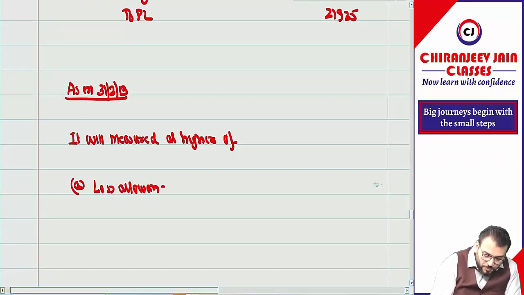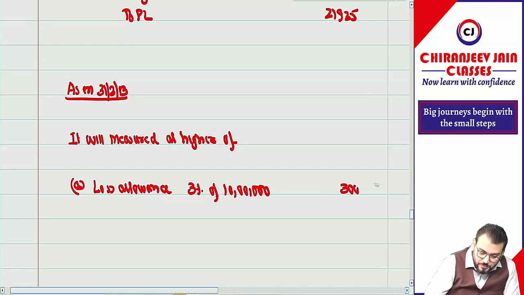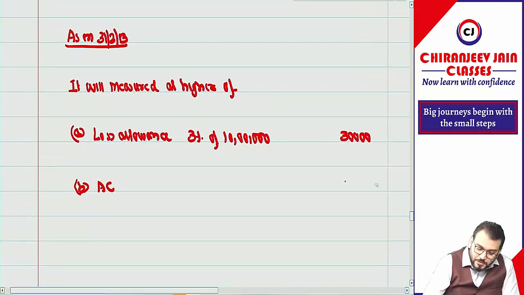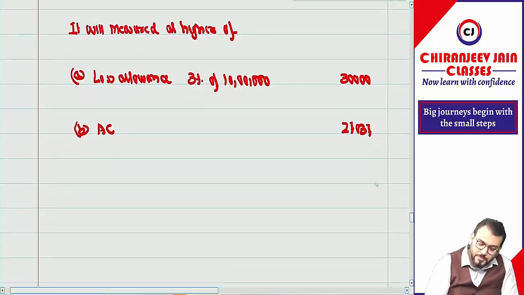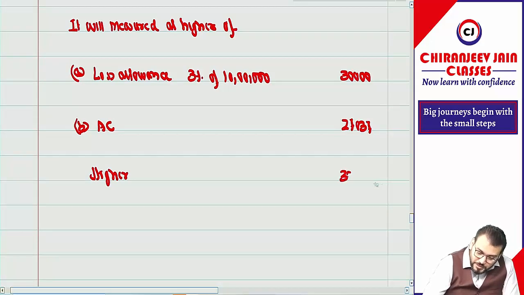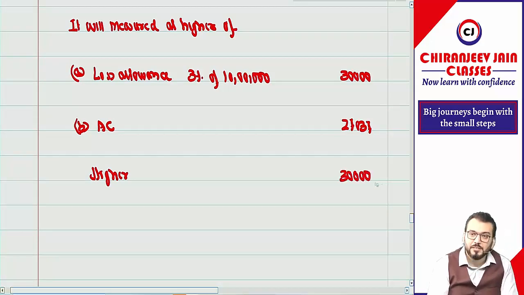How much percent have they given? 3% of 10 lakh, that is 30,000. And what is the amortized cost as on this date? Already we calculated, that is 27037. Correct? So we'll take the higher, which is 30,000.